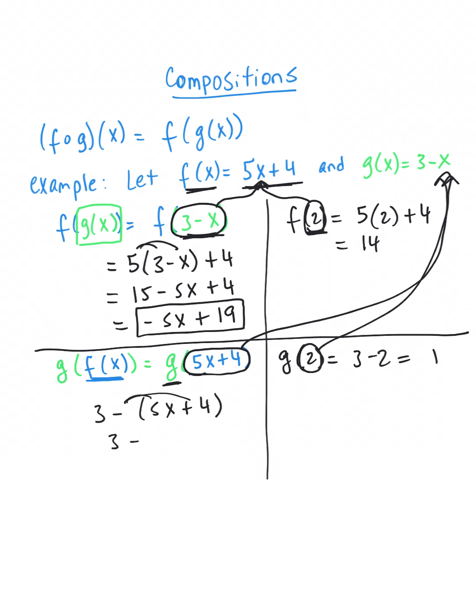So you'll do 3 minus 5x minus 4 for a final answer of negative 5x minus 1. So you can see that for two functions, f of x and g of x, f of g of x and g of f of x will give you different answers.